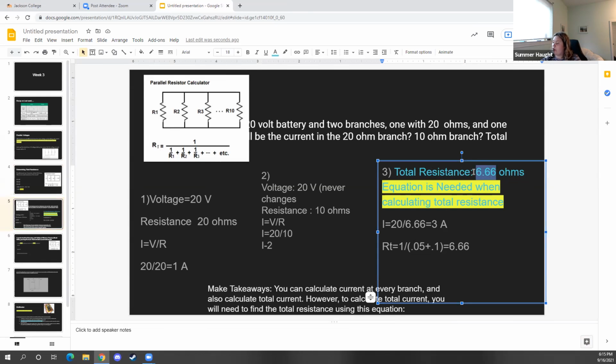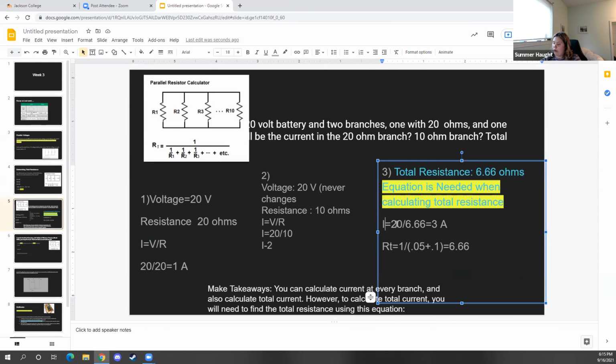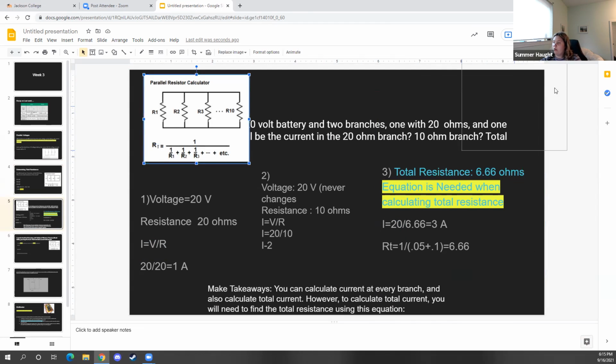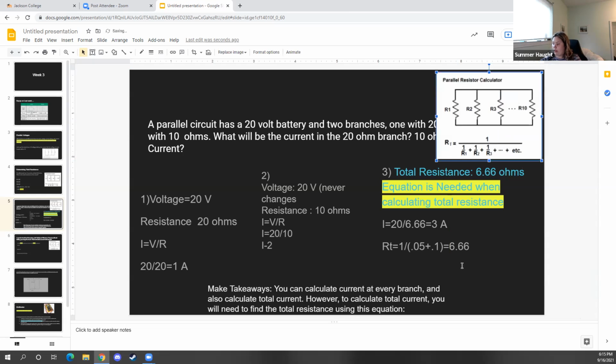And then since I know my total resistance, I can use the same equation, I equals V over R. Right here, I equals V over R, which is just 20, which is our total voltage, and then divided by 6.66 now because that's our total resistance to get 3 amps. So I wrote it out here too, just so everyone has the quick math about it.